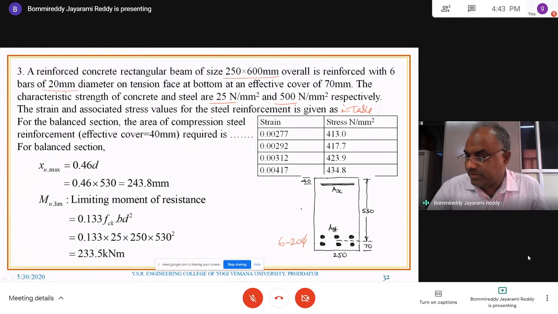For the balanced section, the area of compression steel reinforcement required is, for balanced section, what is the moment carrying capacity? You know, since it is Fe 500, XU maximum is 0.46D. What is MU limiting?